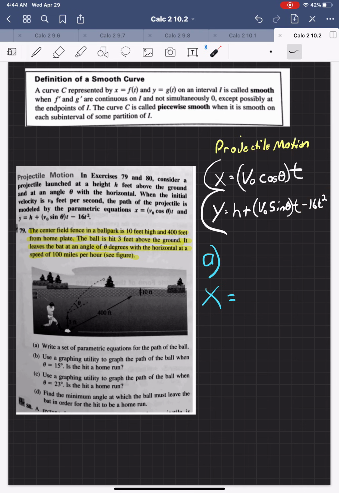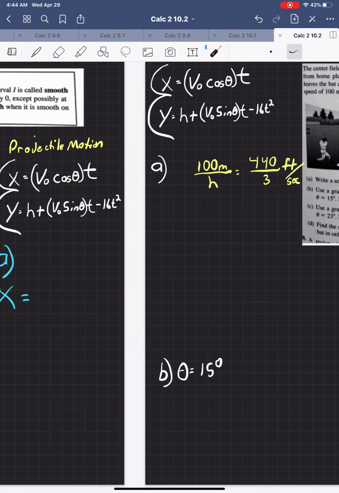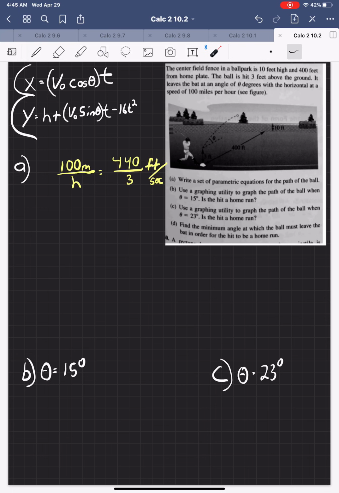If your velocity is in miles per hour and acceleration is in feet per second, then we need to adjust. So what is 100 miles per hour in feet per second? Let me do that here. 100 miles per hour is about 440 thirds feet per second.